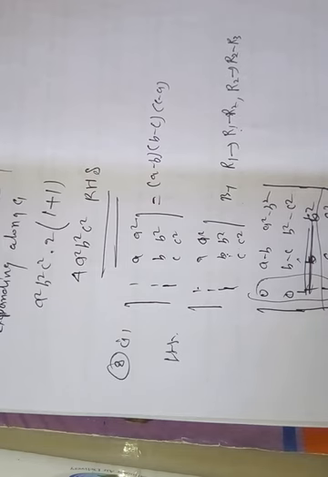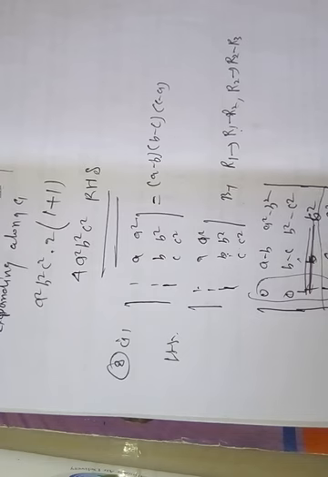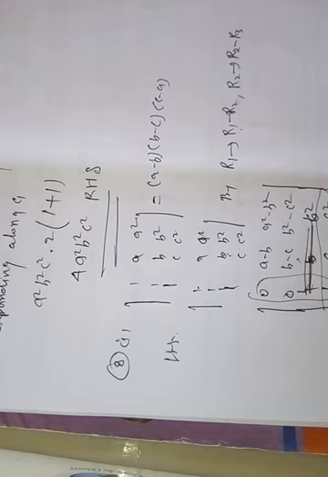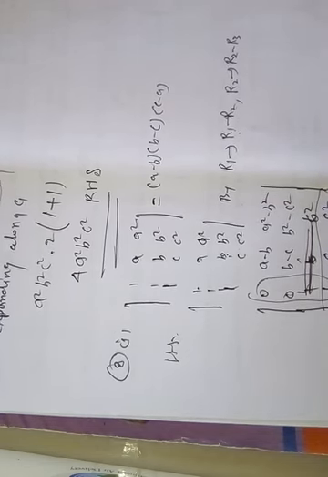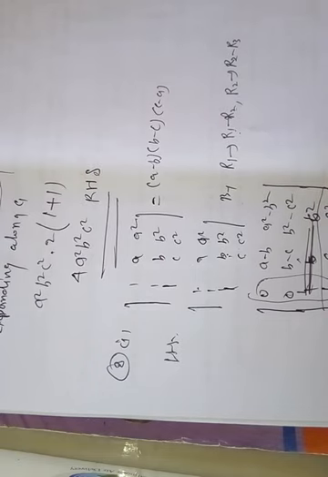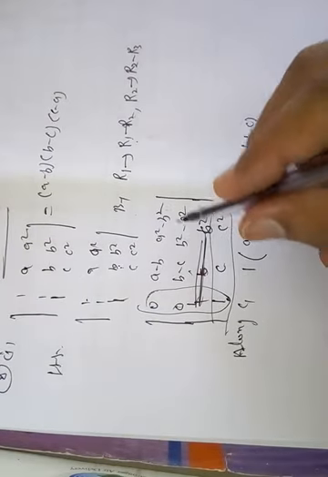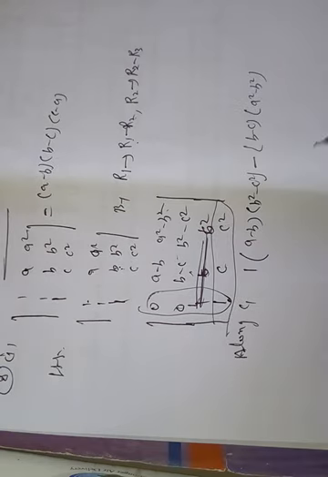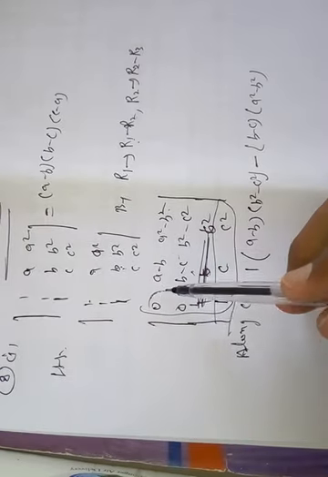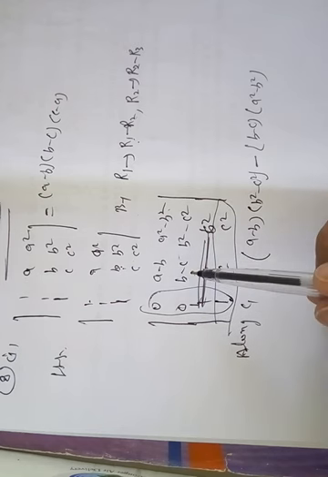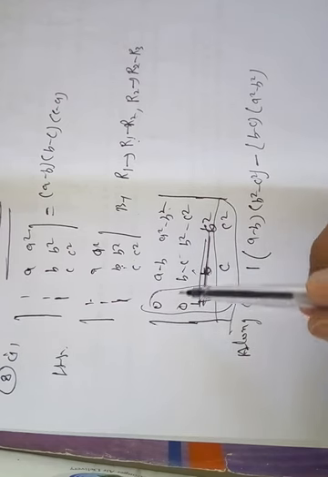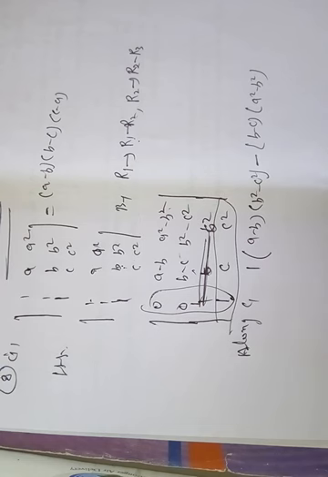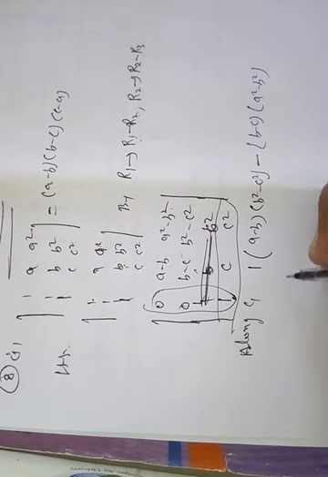Multiply by the corner point, this 1, into (a minus b)(b square minus c square), or (b minus c), into (a square minus b square). Or you can take a square common, and b minus c, a minus b common from R1 and R2. Very simple. Okay, no problem.